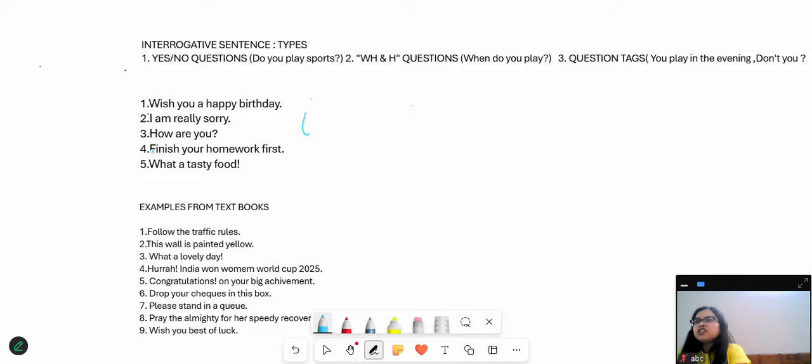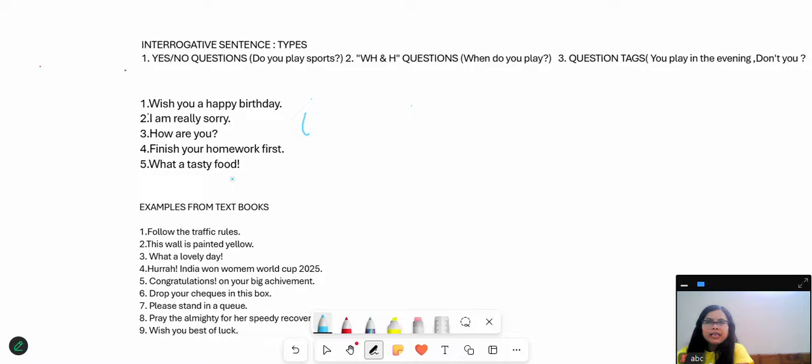The fourth one is finish your homework first. Usually you find your mother saying every single day, finish your homework first. So this is a command, a kind of instruction. An instruction, command, request, they all fall in the category of imperative sentence. Moving ahead, what a tasty food. You must be seeing it is finishing with an exclamatory mark.